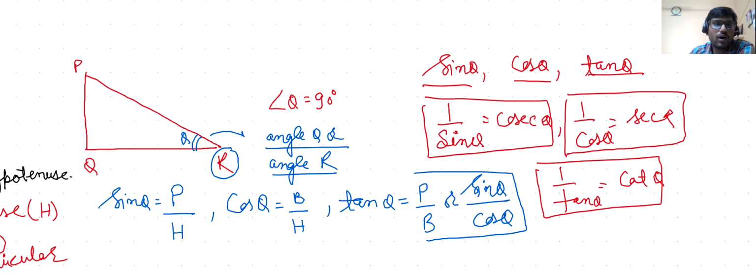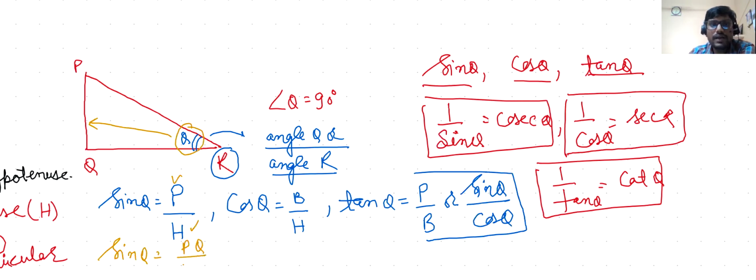So according to this, in the first case, sine theta is perpendicular upon hypotenuse. If our angle is theta, then in front of theta we have the perpendicular. So sine theta must be PQ upon PR.